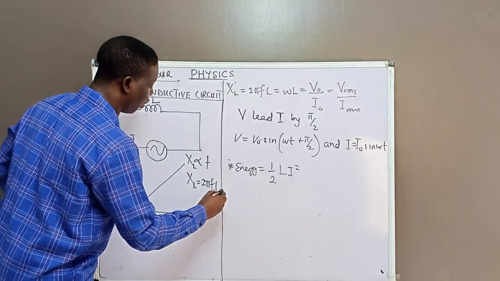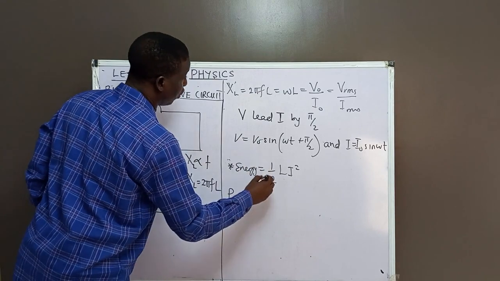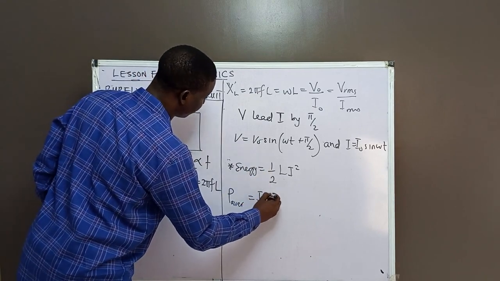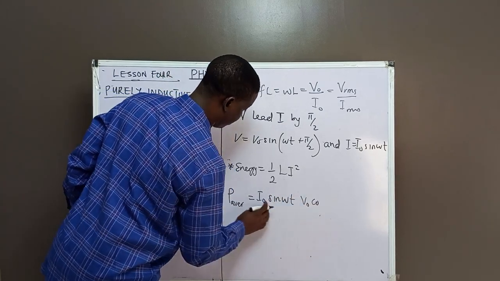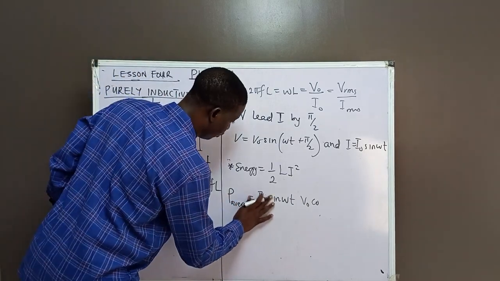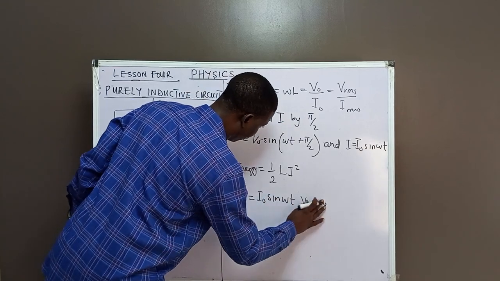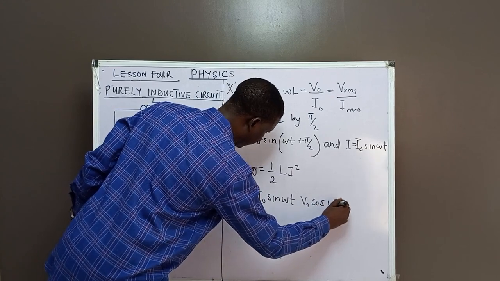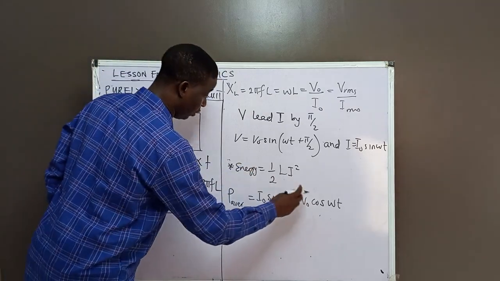And again, the average power here, don't forget, will now be equal to what? I naught sine Wt times V naught cos Wt. From our earlier work, we notice that here is sine, and this one is cos. You can check back and see, because voltage leads current by 90, so this is it.